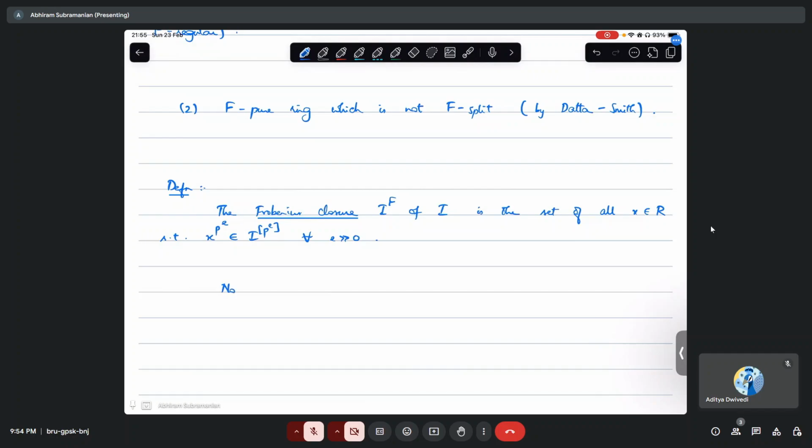Note that therefore I is contained in I^F, which is contained in I*, which is contained in I-bar, which is contained in the radical of I. So all of these are closures: Frobenius closure, tight closure, integral closure, radical, all of them are closure operations.